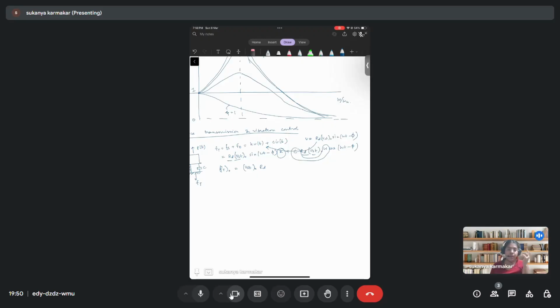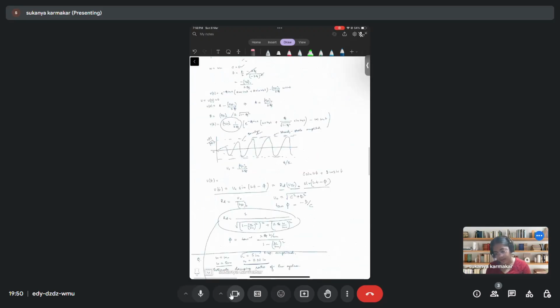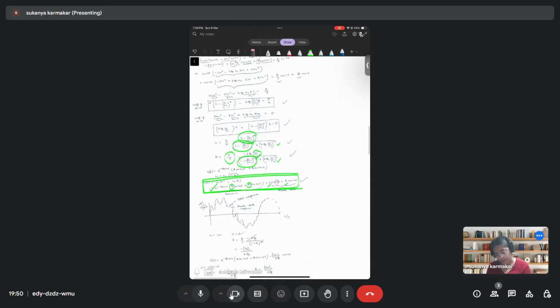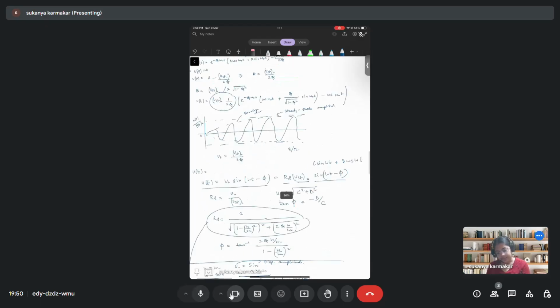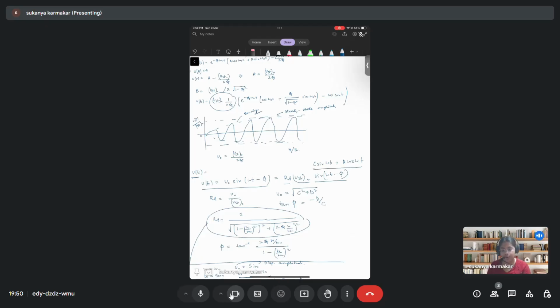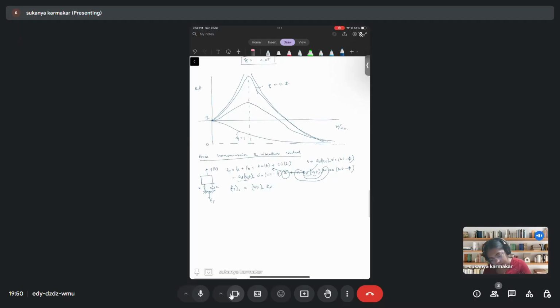So how we wrote here, I'll just draw an analogy so it will become clear. See how we wrote here, u naught is equal to under root of c square plus d square. If the particular solution is here, we use some trigonometric formula. Here also, what will be the amplitude? It will be k square plus c square omega square, right?